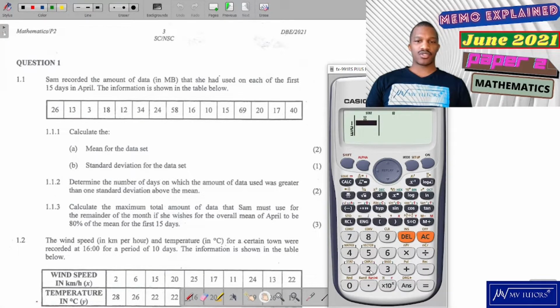The first one is 26. So we'll put 26 and then press equals.